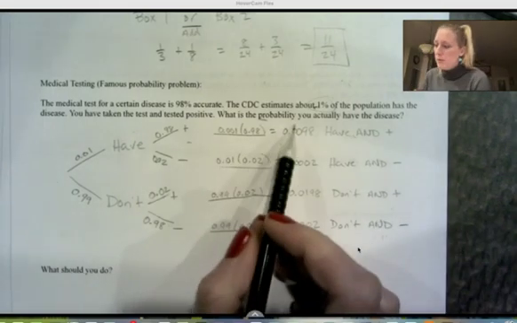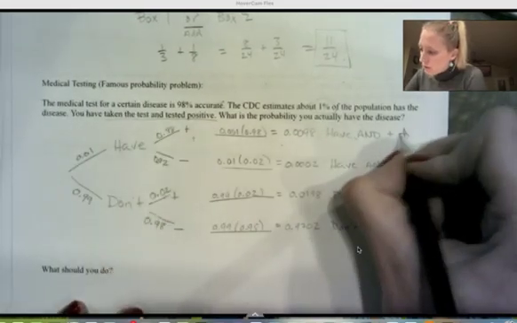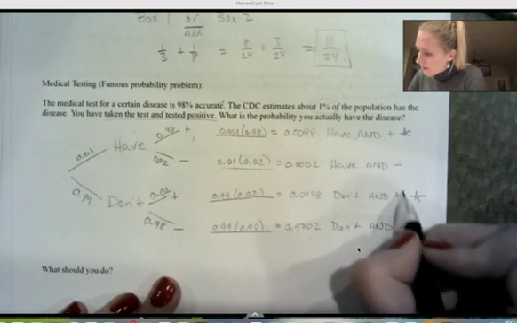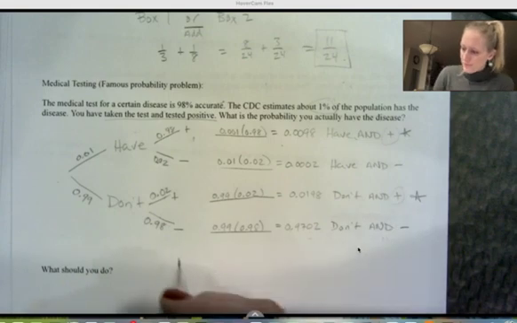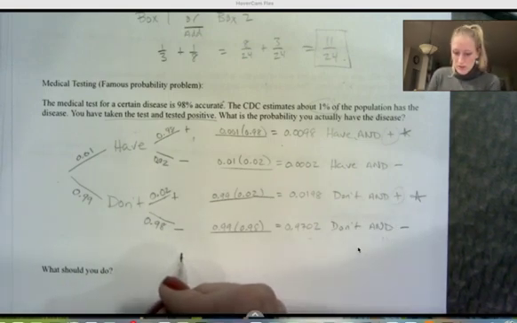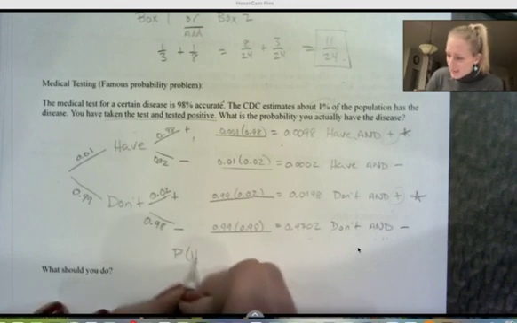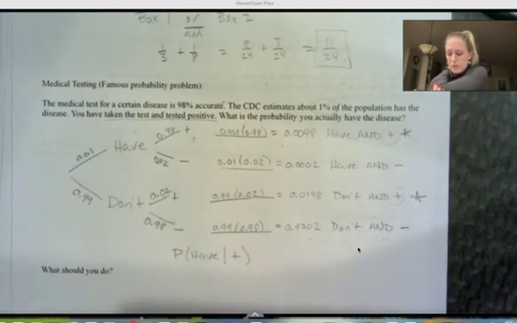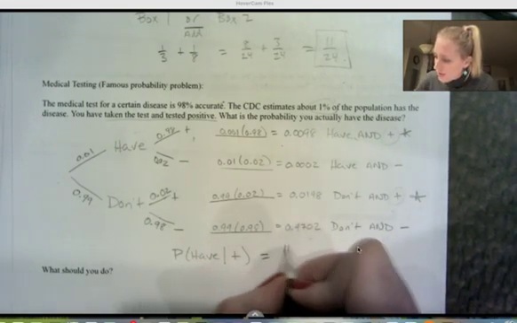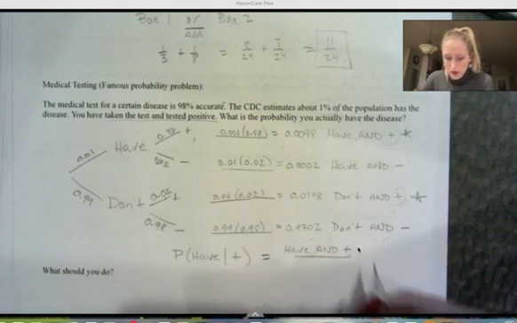So we want to know what's the probability that you actually have the disease. You have taken the test and tested positive. So these are the ones that tested positive, right? We want the probability that you have it given you tested positive. So the probability you have it is have and positive over total positives.